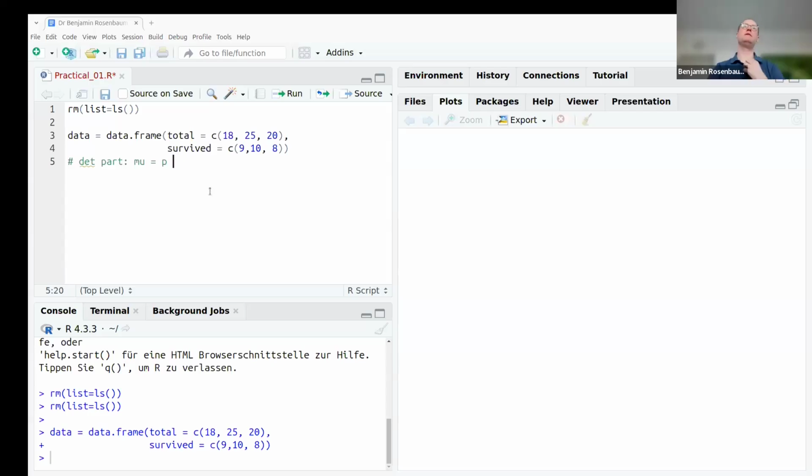So we do not have a predictor, and we just want to fit the mean of the observed data. The model also has a stochastic part. And here we have the binomial distribution, right? So we assume the data follows a binomial distribution, because we have the maximum number, which is always given by total, and some average survival probability, which is the parameter we are looking for here.